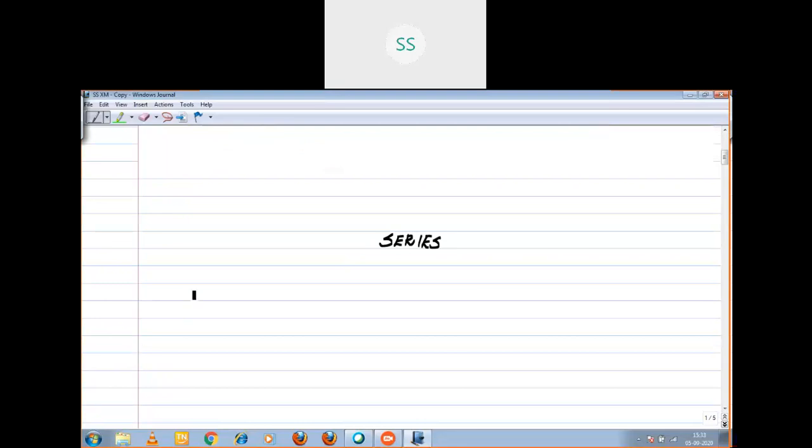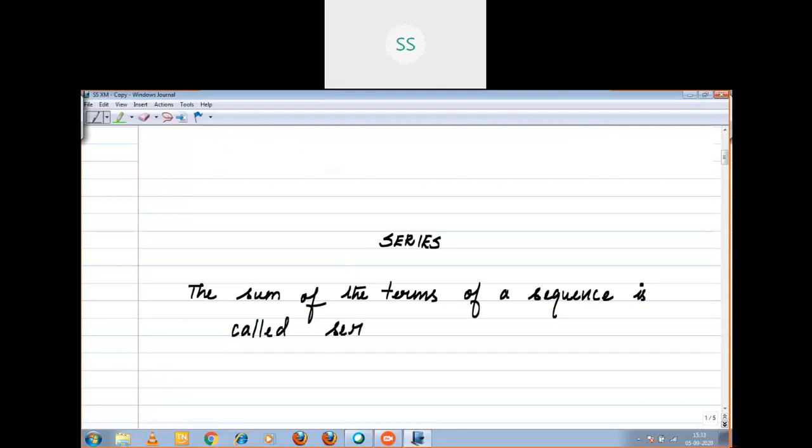The sum of the terms of a sequence is called series. How to add this, that we are going to discuss, right?